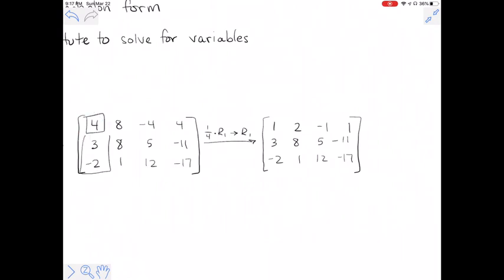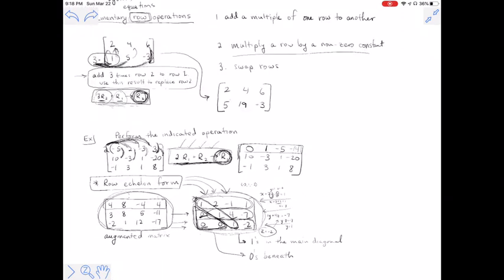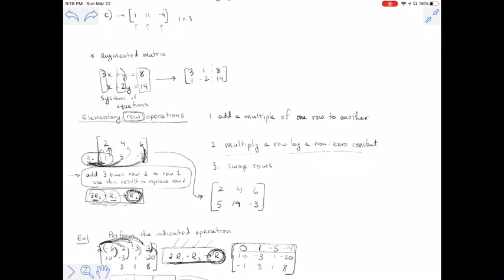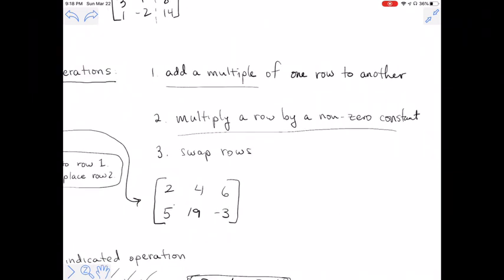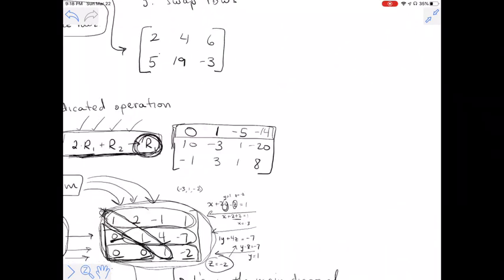Now we focus our attention on those two entries beneath it, or in this case, these two entries here. Those need to turn into zeros. The best way to accomplish that is to use row operation number 1. Let me go back again here. To get entries to be 0, your best bet is to use this row operation, adding a multiple of one row to another.